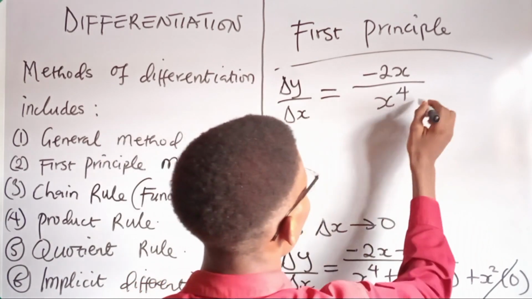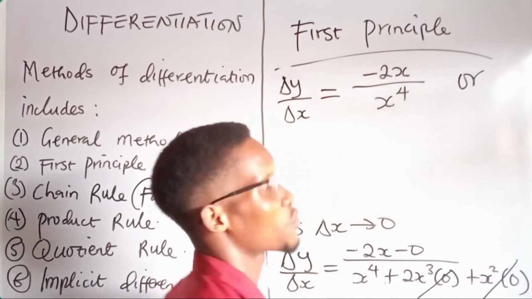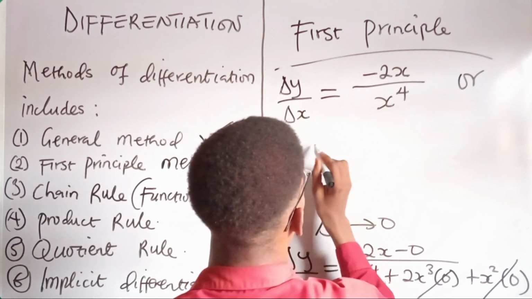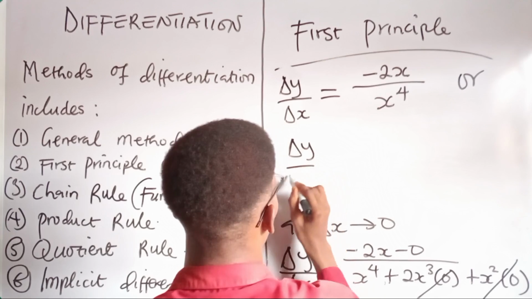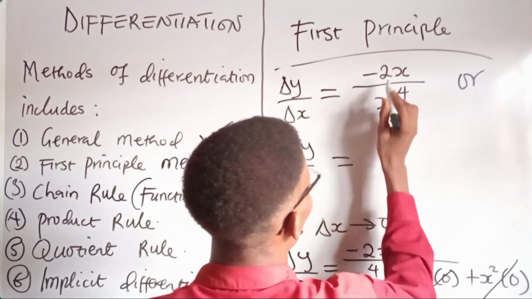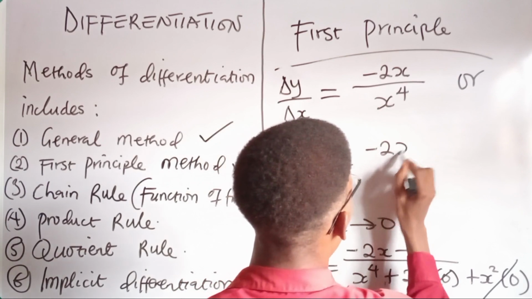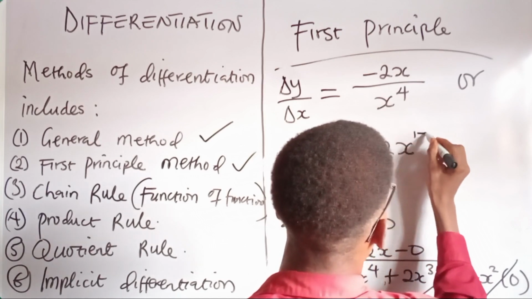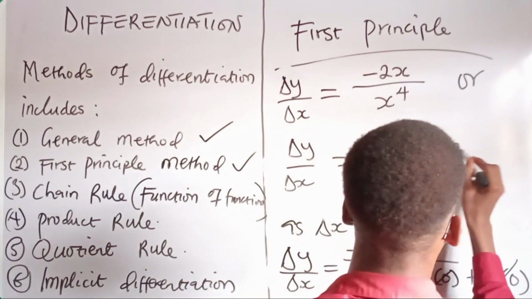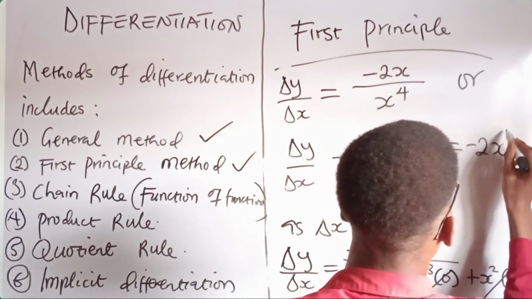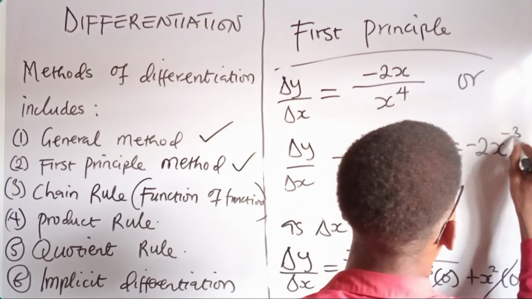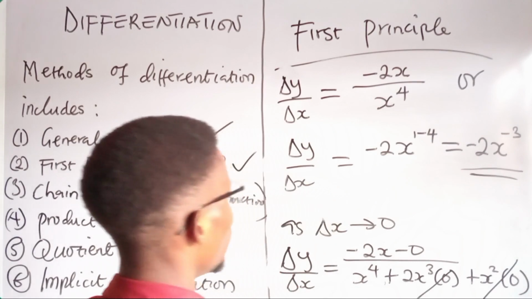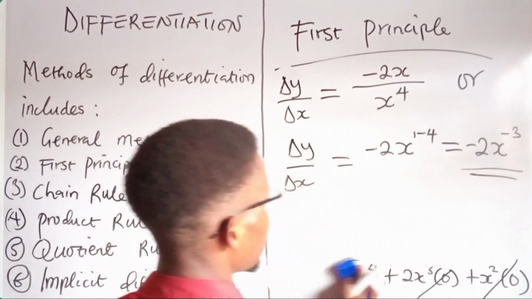So it's either you leave it here or you continue to solve and you get minus 2, then s raised to power 1 minus 4, which is going to give us minus 2s raised to power minus 3. Okay? It's either this is the answer or you also continue to solve to get this.